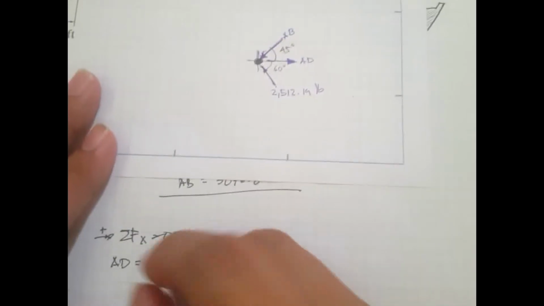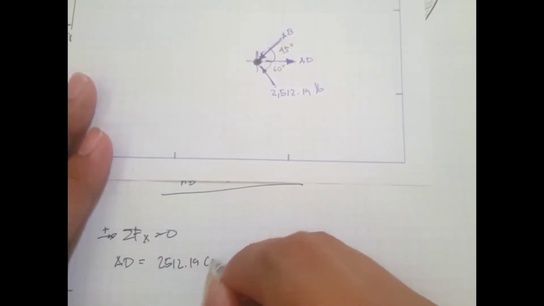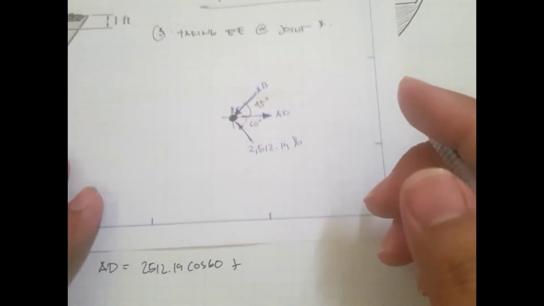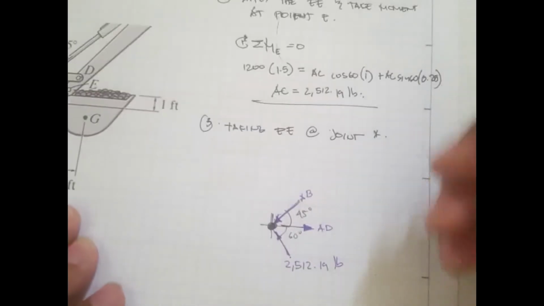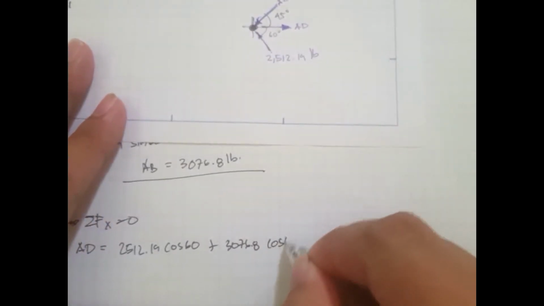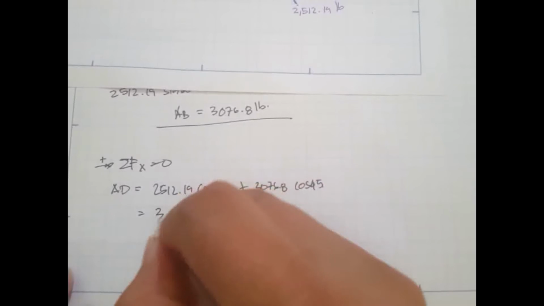So this is 2512.19 pounds cosine 60, plus the x component of AB. So AB is 3076.8 cosine 45. And this is 3,431.7 pounds.